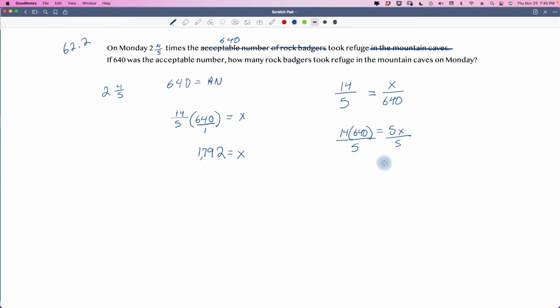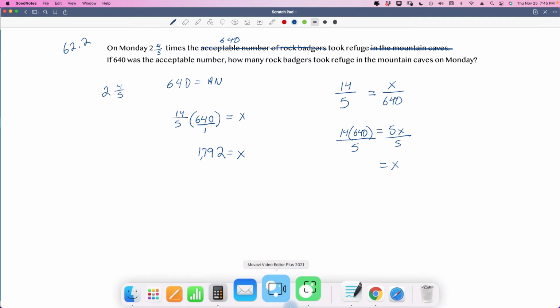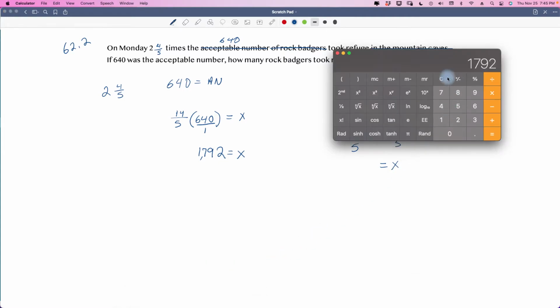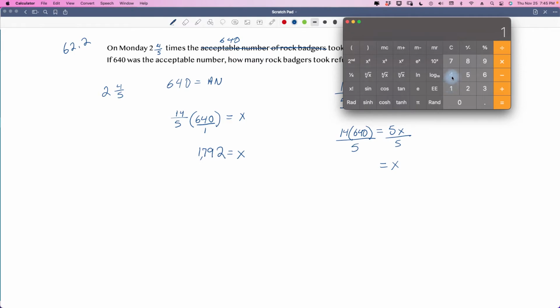All right, that gives me that is equal to x, right? 14 times 640 divided by 5, that's going to be 1,792.